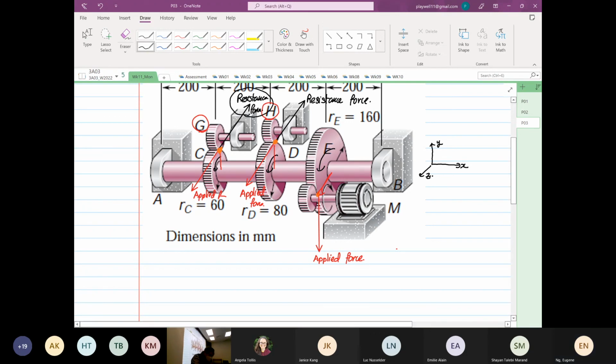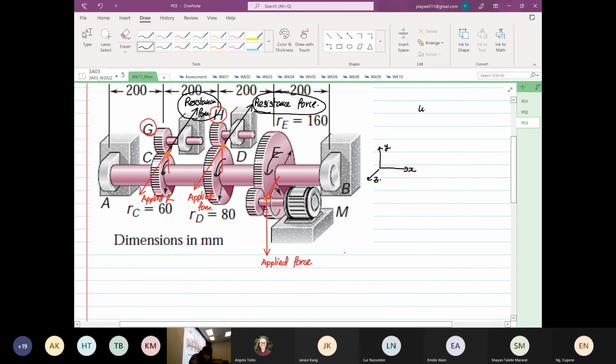So when we calculate the moment, we are going to calculate based on the resistance force. When determining the reactions at points A and B and the bending moment, use the resistance force.